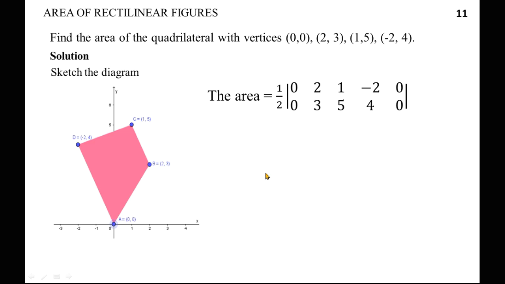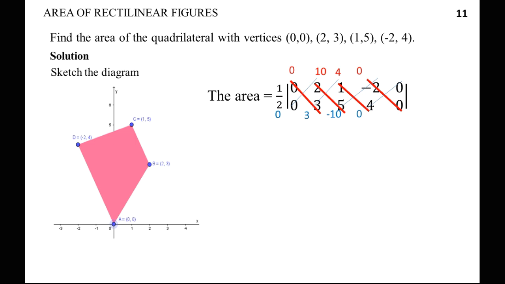Using a trick to find the determinant of a matrix, it will be like this: 0 times 3 equals 0, 2 times 5 equals 10, 1 times 4 equals 4, negative 2 times 0 equals 0. And after that, the other diagonals: 2 times 0 equals 0, 1 times 3 equals 3, negative 2 times 5 equals negative 10, 0 times 4 is 0.